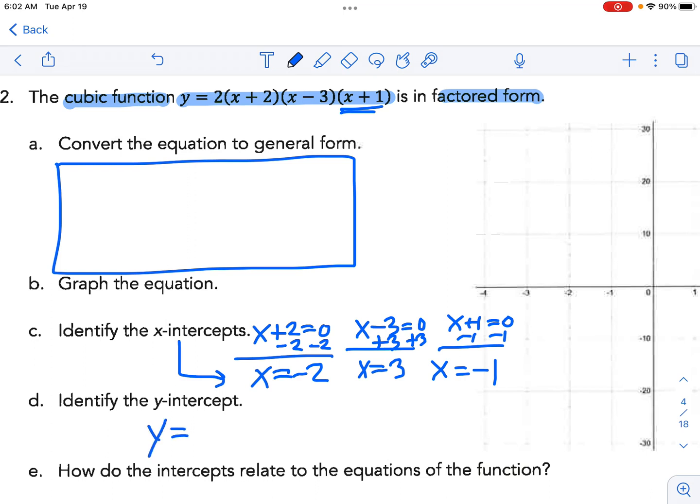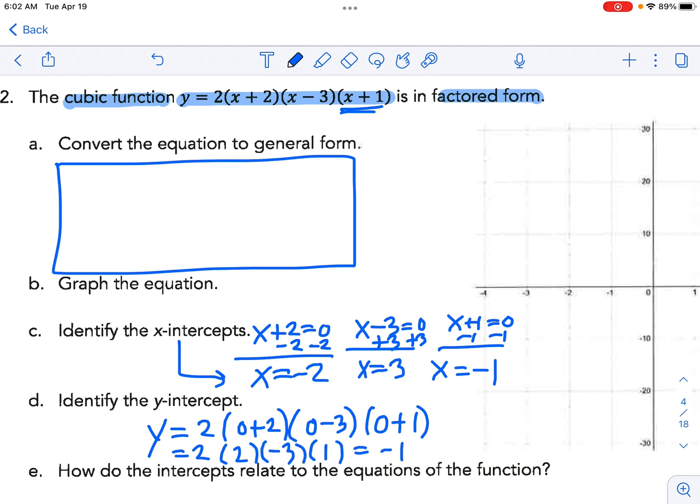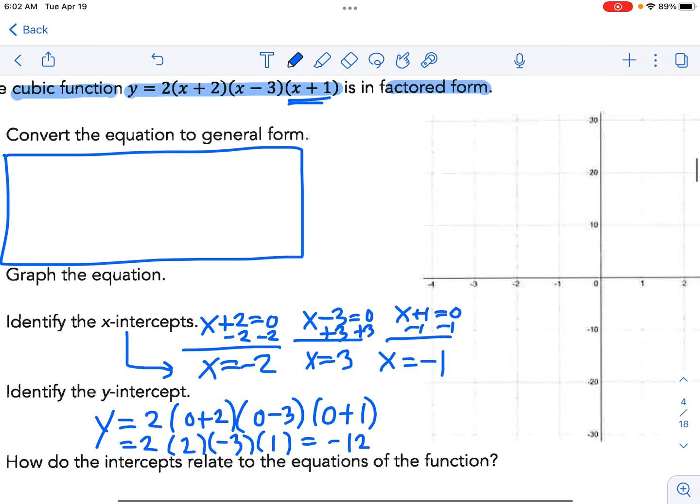So the y-intercept, we're going to do exactly what we did above. We're going to substitute in 0 where we see x. So it's 0 plus 2 in the first factor, it's 0 minus 3 in the second, and 0 plus 1. So we have 2 times negative 3 times 1, which ends up being 12 again.